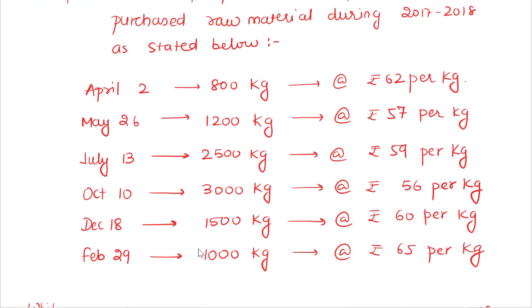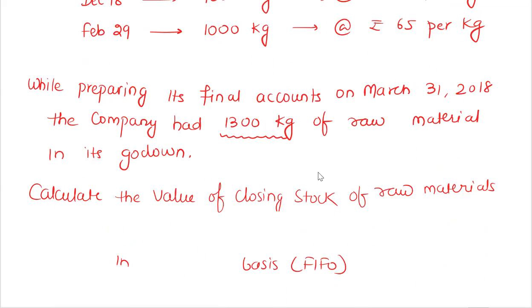So as per LIFO, the oldest would be there in the closing stock. So 800 multiplied by 62, and 1300 minus 800, that is 500, would be of 57 per kg. That would be from May 26. Out of the 1200 kgs, the 500 would come under LIFO method.